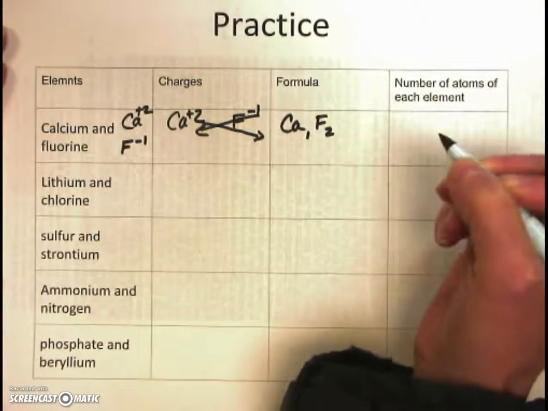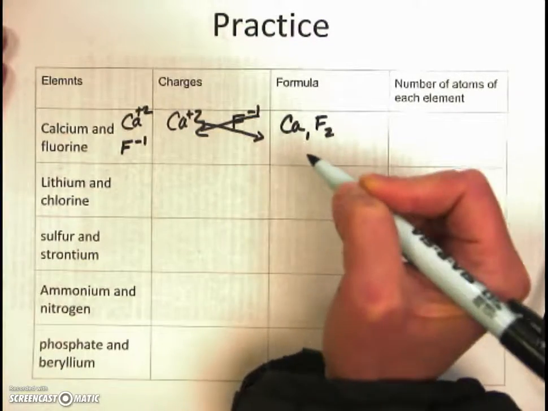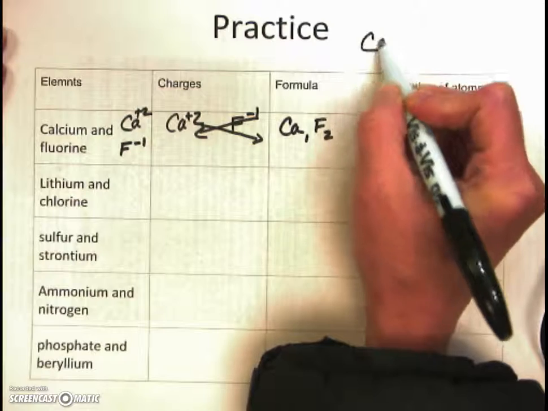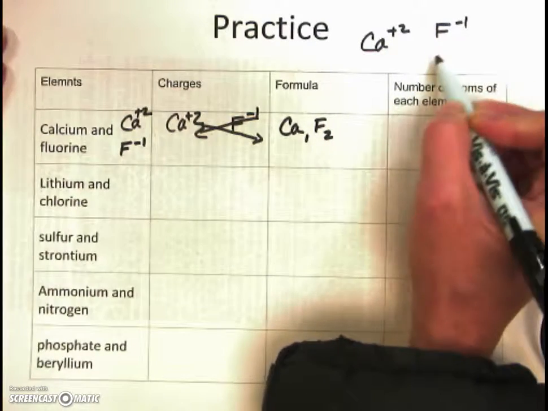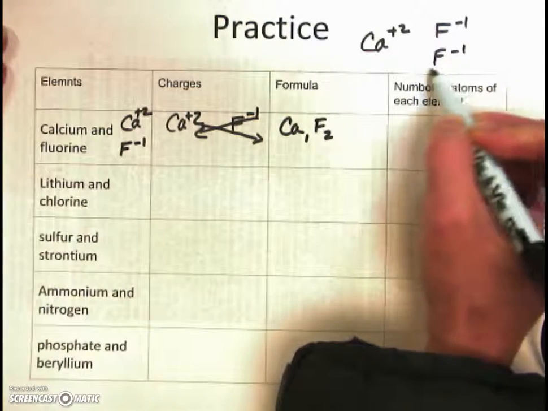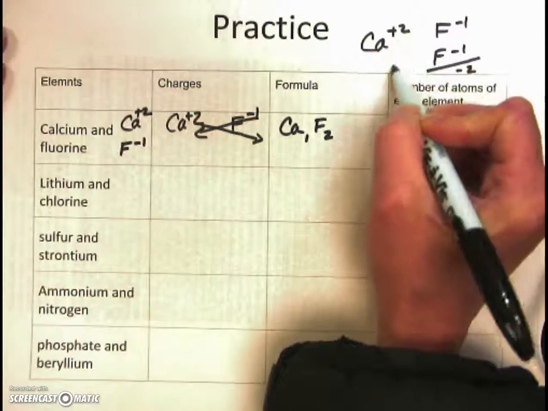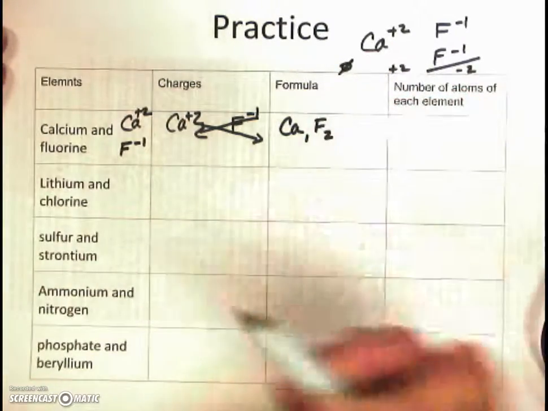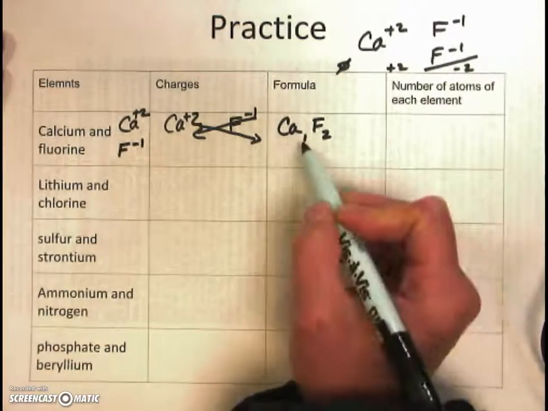And that makes sense because the entire compound has to be neutral. So if you have 1 calcium with a +2 charge and you have 2 fluorine with a -1 each, then -1 plus -1 is -2, and then +2. So the whole thing is going to be a neutral compound. You don't have to write the 1.